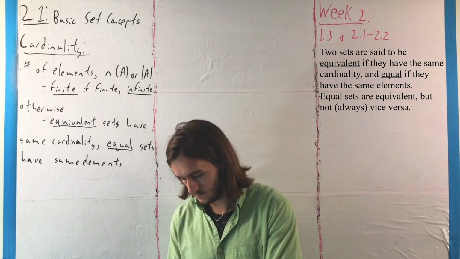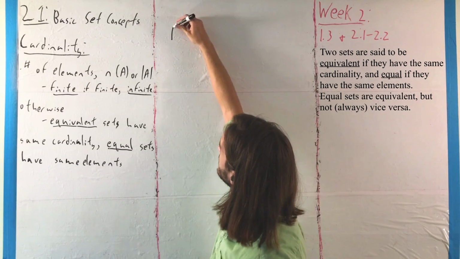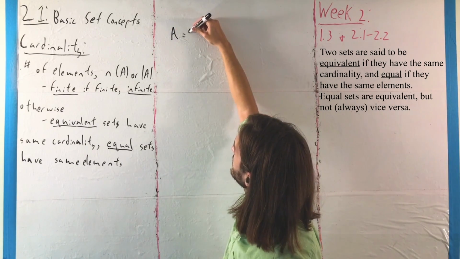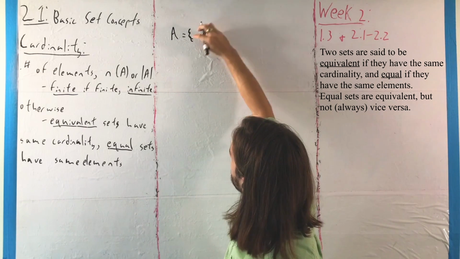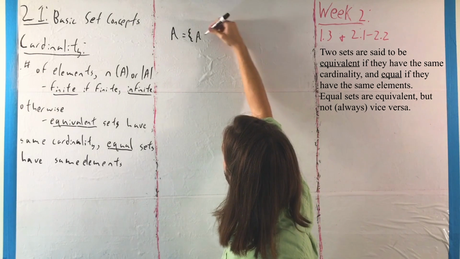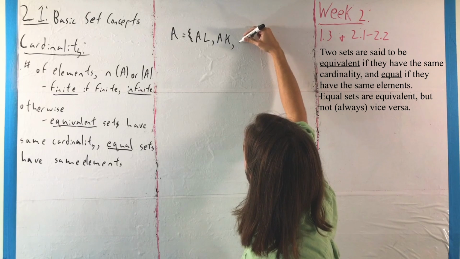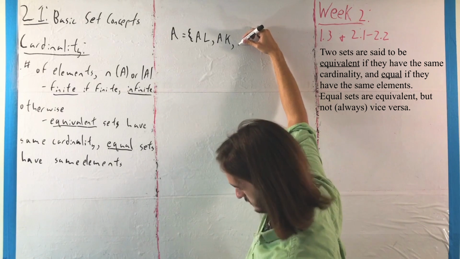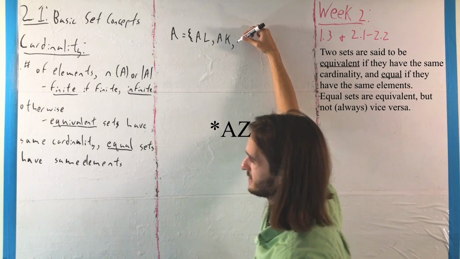For another example, if we look at the set A of states that begin with the letter A, geez, my brace is not good, but we would have something like Alabama, Alaska, let's see, Arizona is AR, and maybe Arkansas is AS.